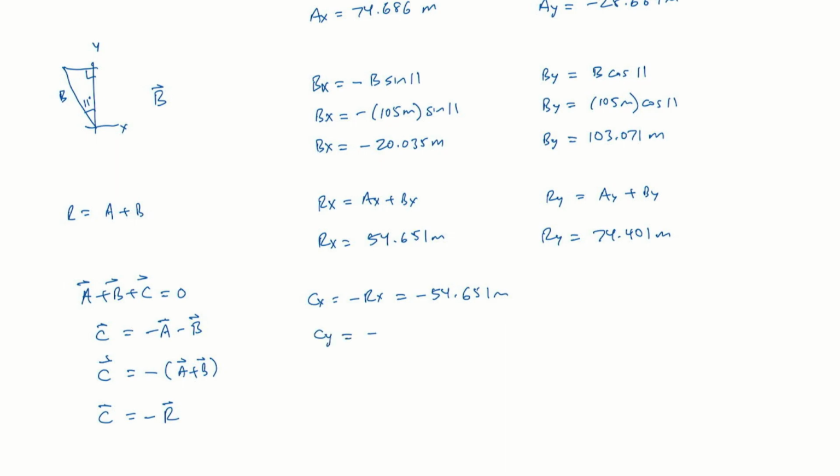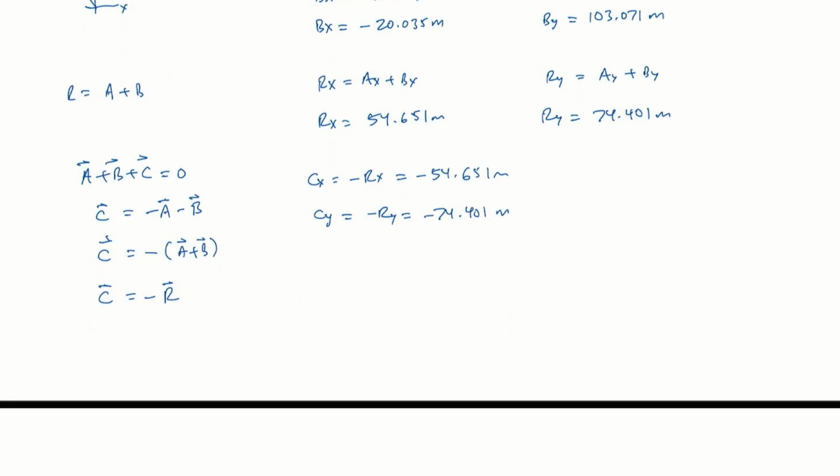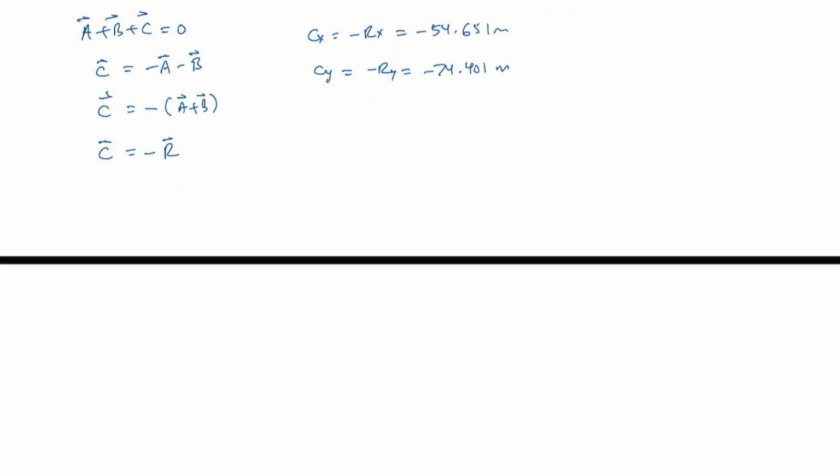CY is going to be minus RY, that's going to be minus 74.401 meters.